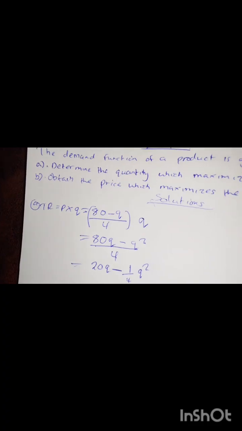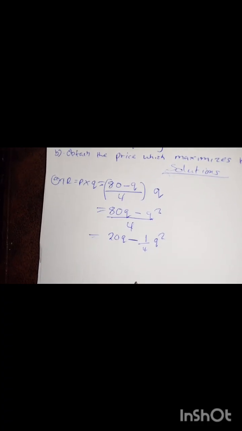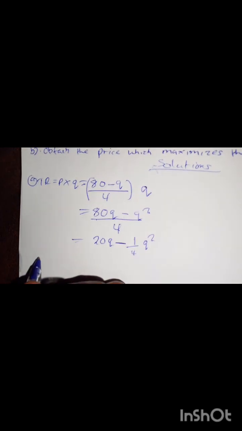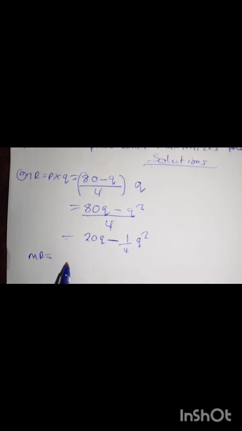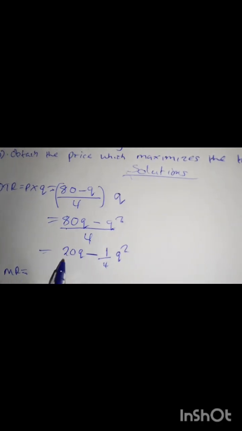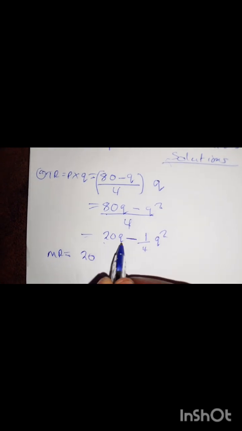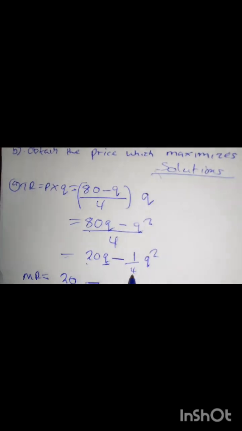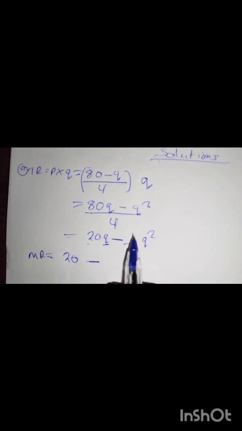From the total revenue function, we can find the marginal revenue. To find the marginal revenue, you have to differentiate the total revenue. If we differentiate 20Q, we remain with 20, because the Q is eliminated, minus the derivative of Q squared over 4.